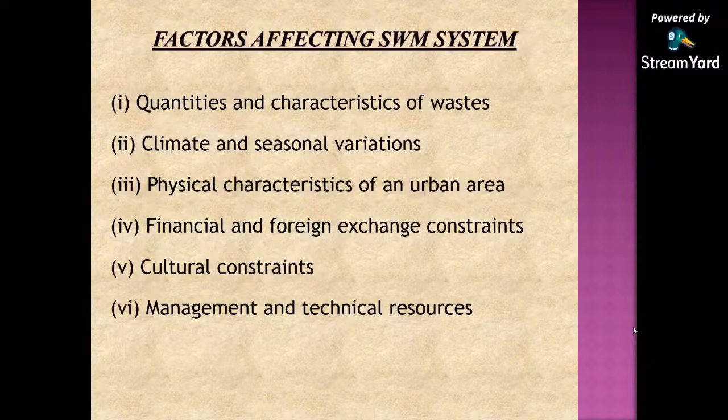Next are the factors affecting the solid waste management system. The first factor which affects the solid waste management system is the quantity and characteristics of waste. The quantities of waste generated generally depend on the income level of the family, as higher income categories tend to generate larger quantities of waste as compared to low income categories.